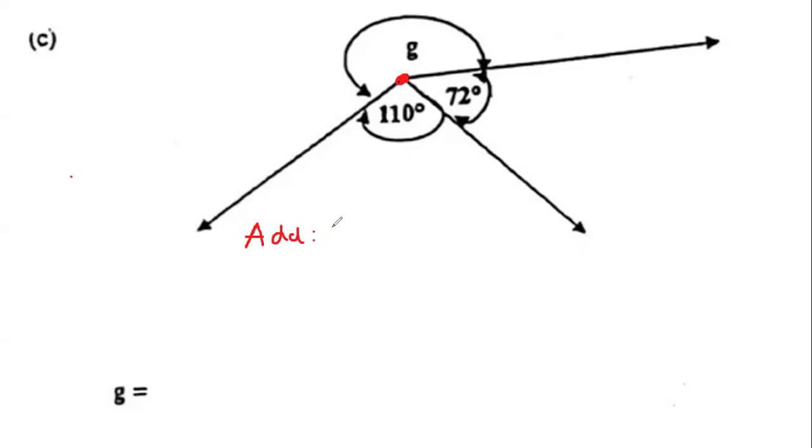So it's 110 degrees plus 72 degrees. That gives 182. Very good. And so we subtract after that. 360 minus 182.